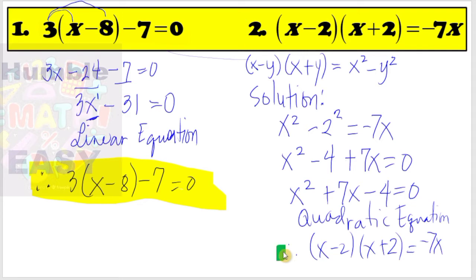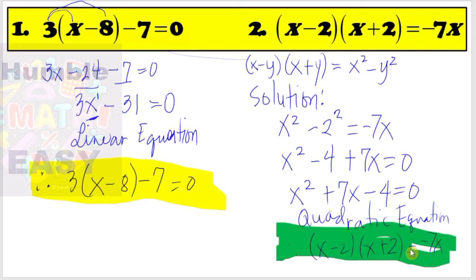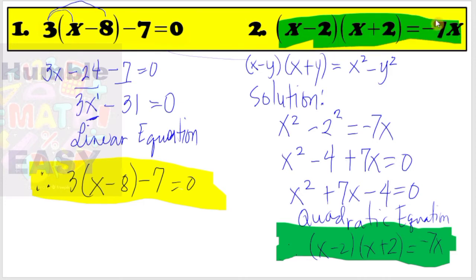Since it is quadratic, I will mark the given as green. You have that. Okay, so let's proceed to the next one.